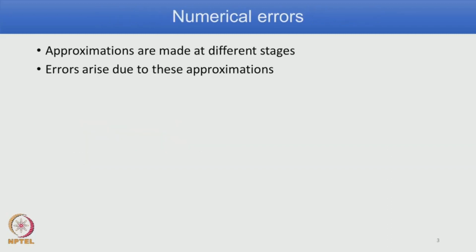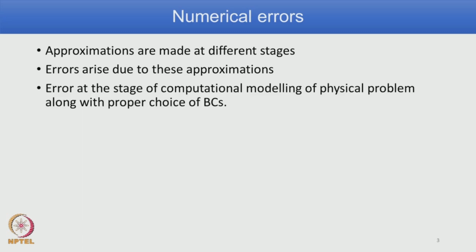While doing CFD, approximations are made at different stages, and error arises due to these approximations. First step in CFD is computational modeling of a physical problem. Either we take a physical problem in toto, or we simplify the physical problem and then solve.